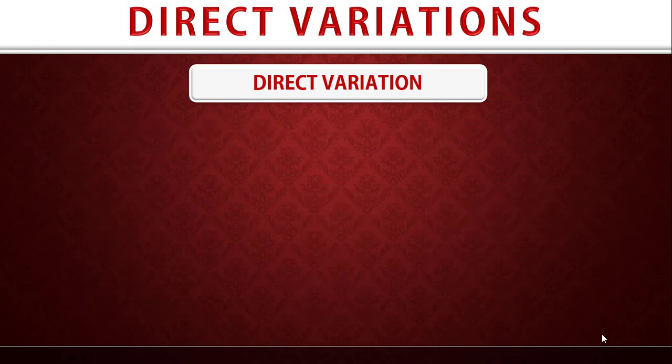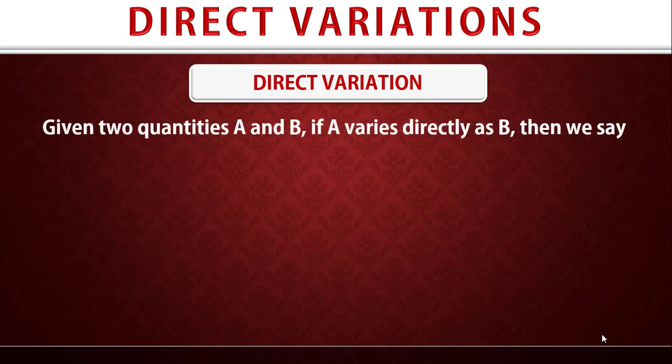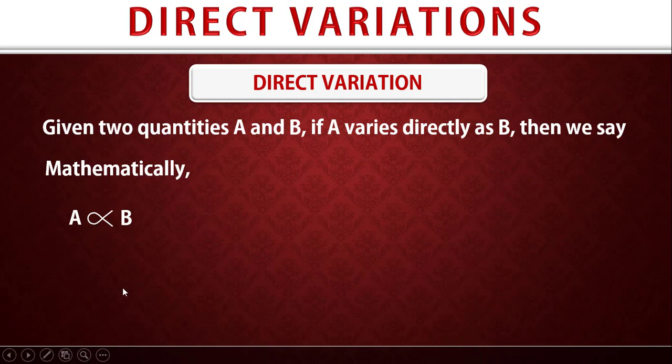Okay, let's try to make the explanation clearer by making use of two given quantities A and B. If A varies directly as B, then we can say mathematically that A is directly proportional to B. This sign here is the proportional sign, so if we remove this proportional sign, we can say A equals KB.